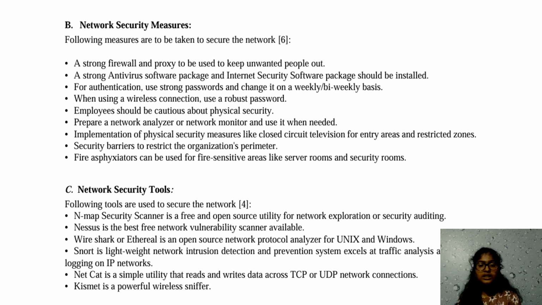Coming to the explanation of each tool, Nmap is a network scanner for security auditing, Nessus is a popular tool for scanning network vulnerabilities, Wireshark is used for inspecting network traffic, Snort is an intrusion detection system to analyze the traffic, and Kismet is a wireless sniffer for detecting unauthorized access.